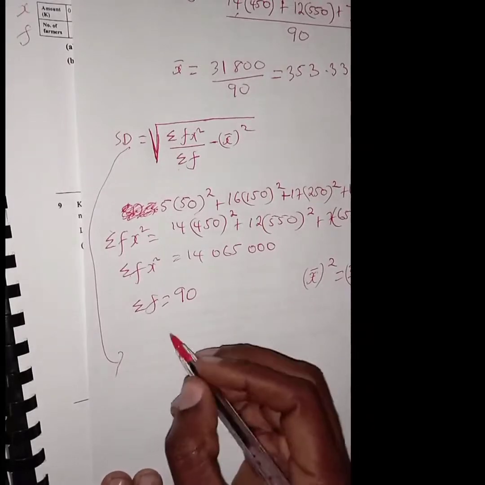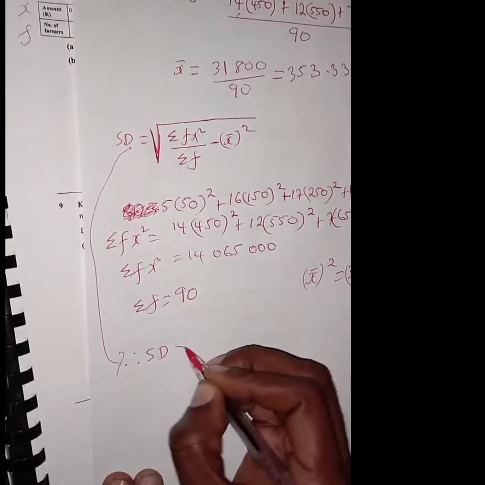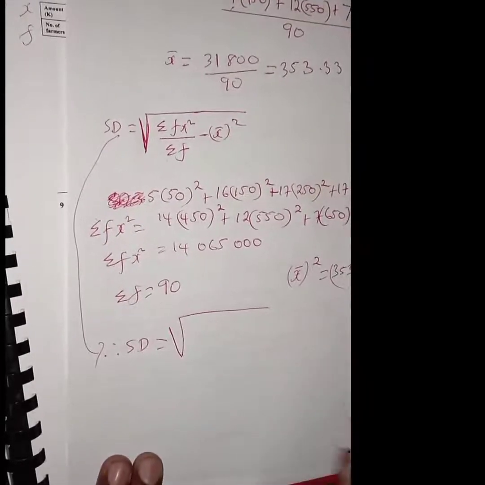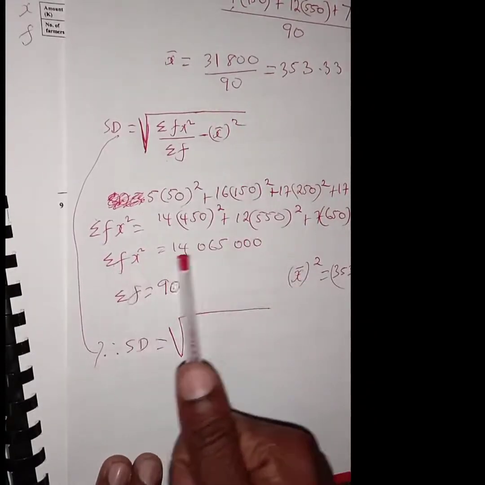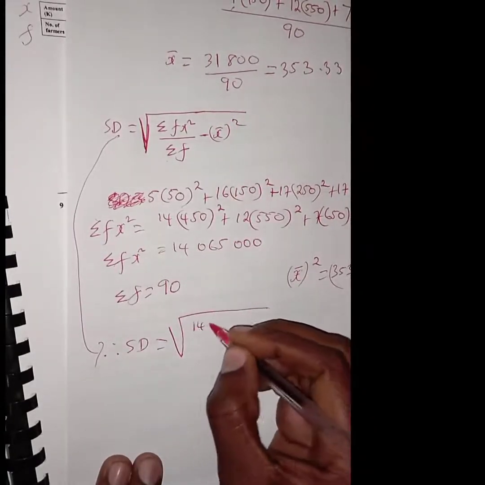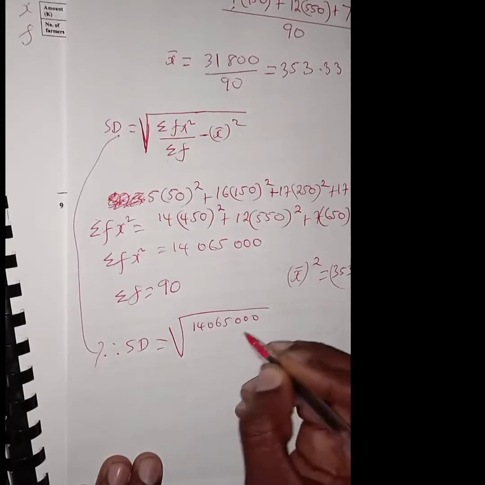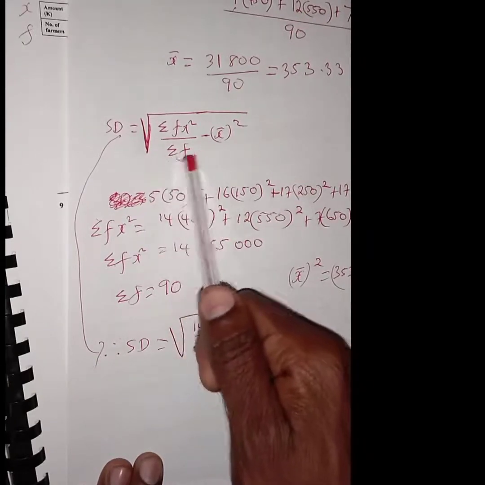You rewrite this to say, therefore, standard deviation is equal to square root. Do you know this? Yes, you know it. It was this one. 14,065,000, right? Over, do you know the sum of frequency?